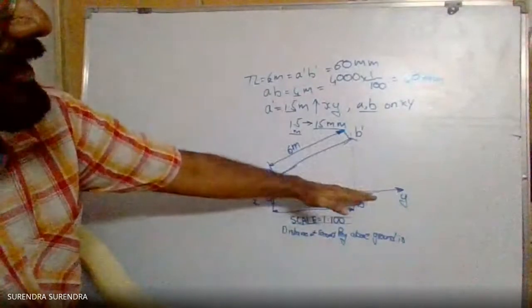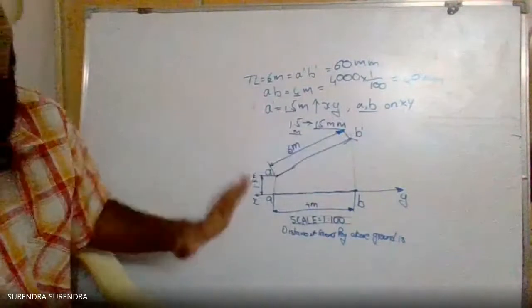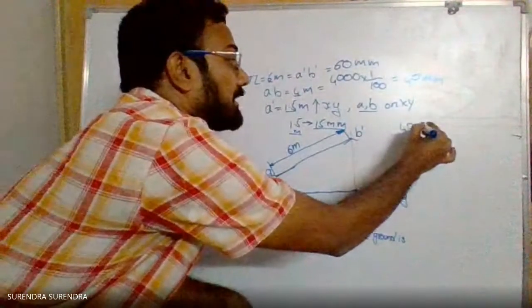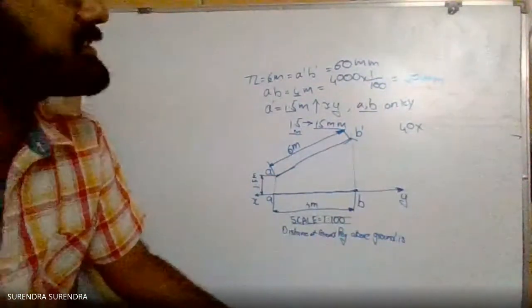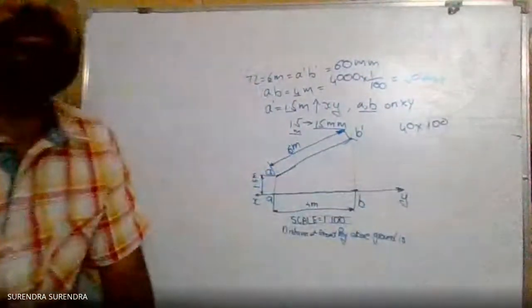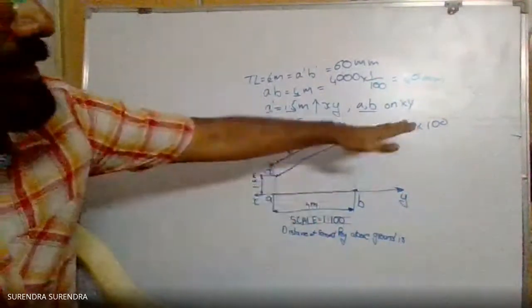Suppose you got the distance from B to B dash as 40 mm above the ground. Multiply it by the reciprocal of the scale, that is, multiply it by 100, since the ratio is 1:100.